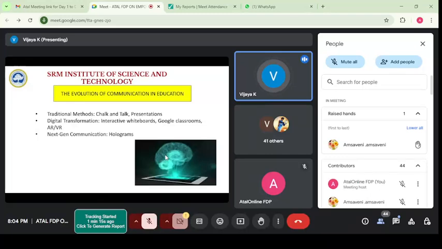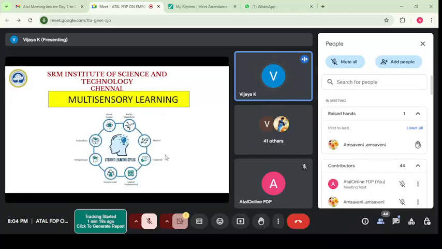When we talk about learning, multisensory learning is happening because we have students in our class who have a common goal of learning whatever topic is going to be discussed in the class.